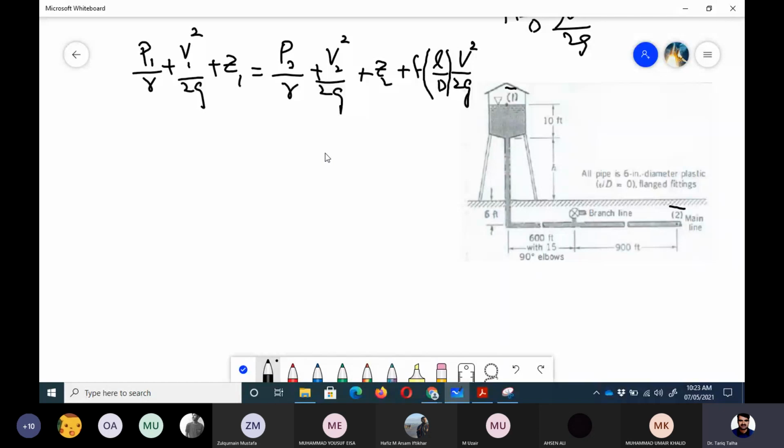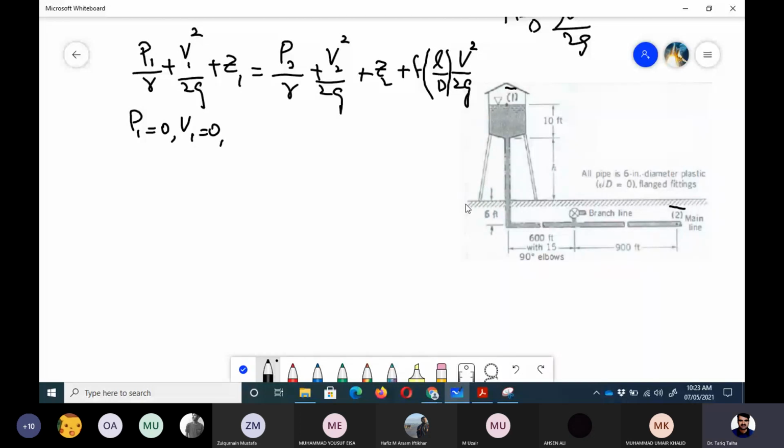So this is our equation. Now the P1 value at point 1, if we talk about the gauge pressure, would be equal to 0. V1 would also be equal to 0. Why is that? Because it is a large tank, so the velocity at the free surface would be equal to 0.